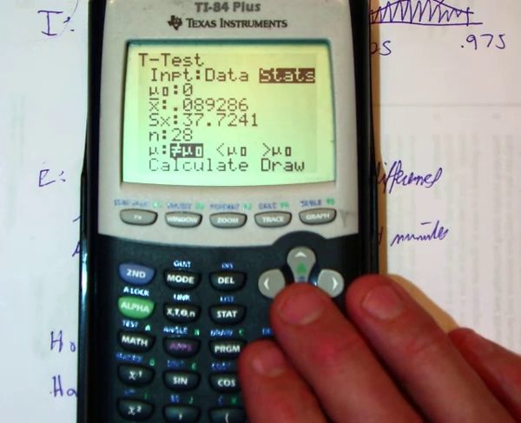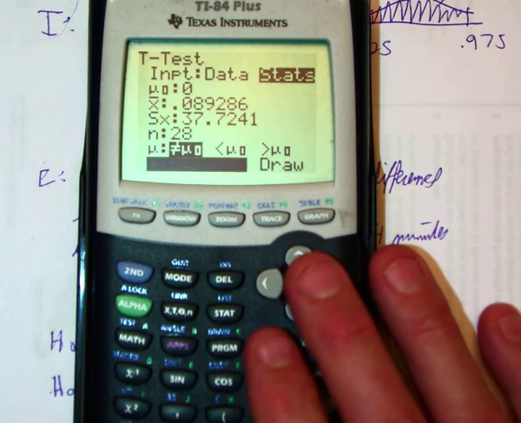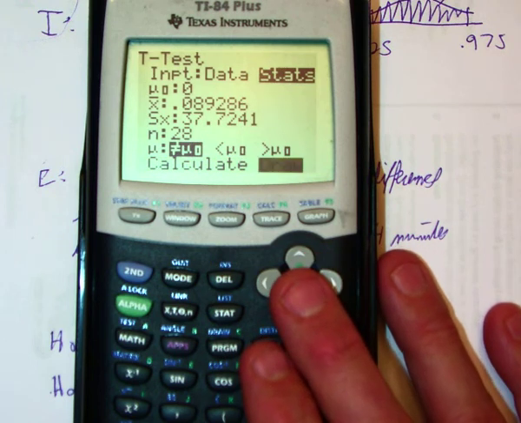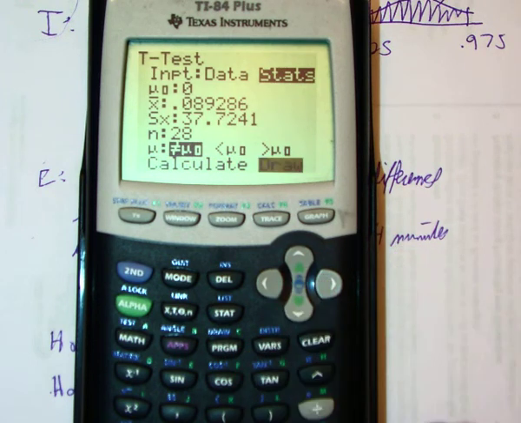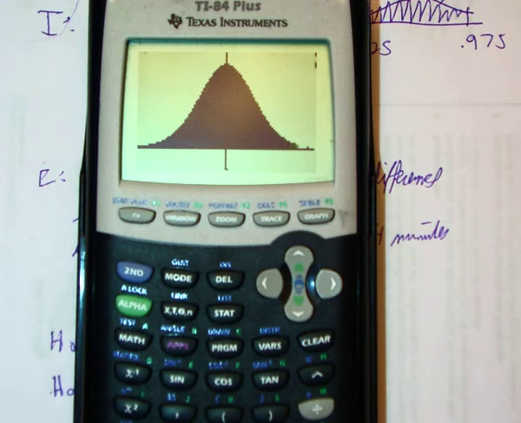Our difference is 0, and we're going to go to not equal to, and everything else is in there: x bar, standard deviation. I can tell you right now we're going to get a p-value over 0.05. Yeah, our p-value is 0.99. So we clearly are not going to reject here. So there is no evidence of a difference in the times of wheelchair runners and male runners.